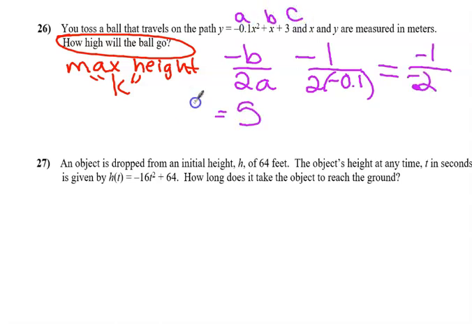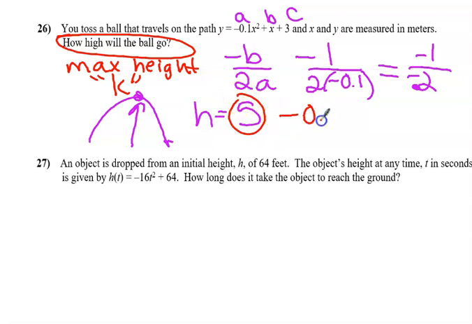All right, so 5 is the distance across, but if a ball is tossed in the air, I want to find the height, which is my y value, also known as my k. I know it's very confusing, but it's the h, k in our equation. So I'm going to plug 5 back in and find out what the height is.